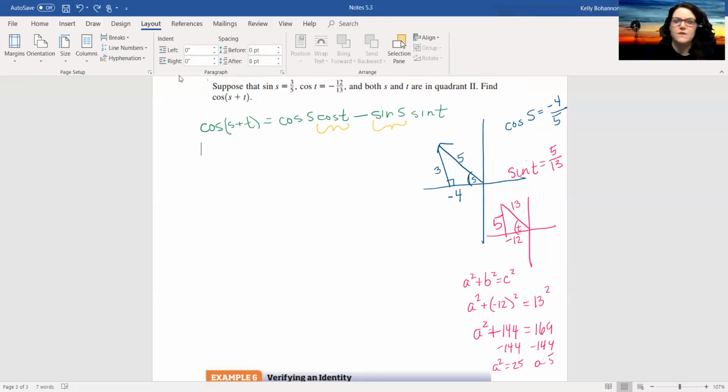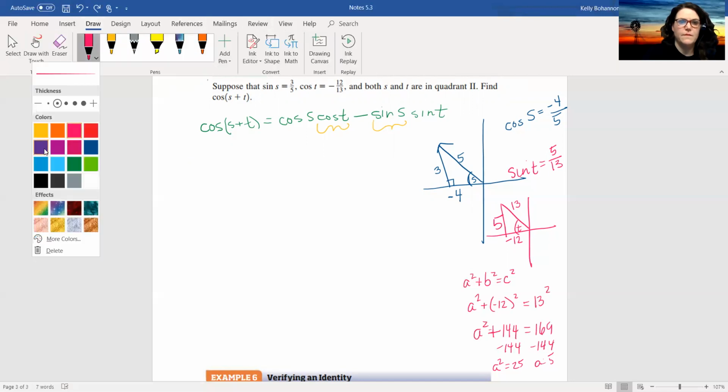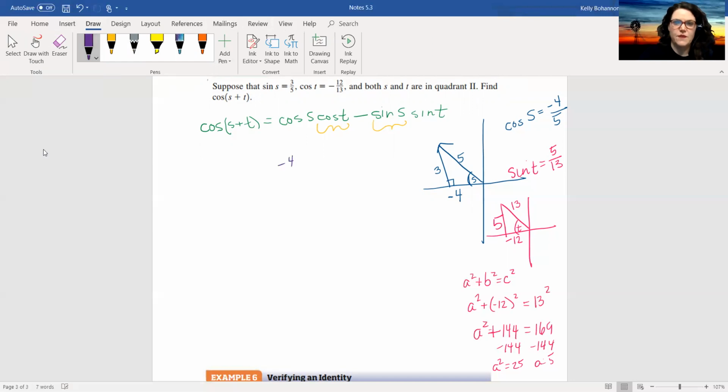Okay, so I'm going to plug in values now. So I know that cosine of s is -4/5. Cosine t was given to me, that's -12/13. Minus sine of s was given to me, that's 3/5. And sine of t is 5/13.